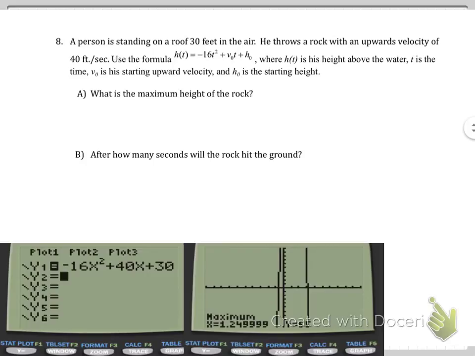When I plug it in, I get this graph, and I'll have to use the second calculate maximum feature in order to find the maximum. Notice this graph goes way up there, and the maximum is 1.25, 55.